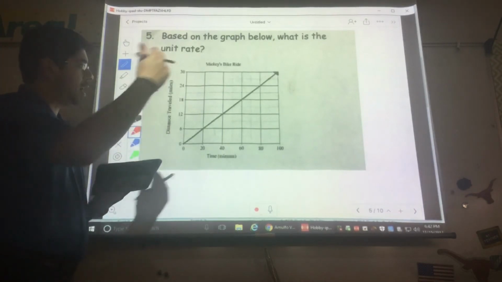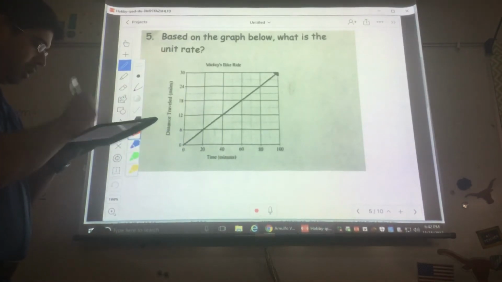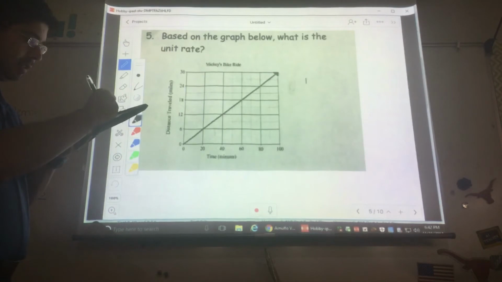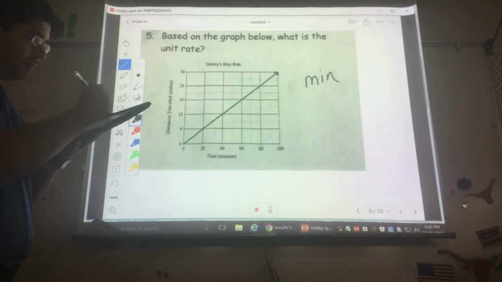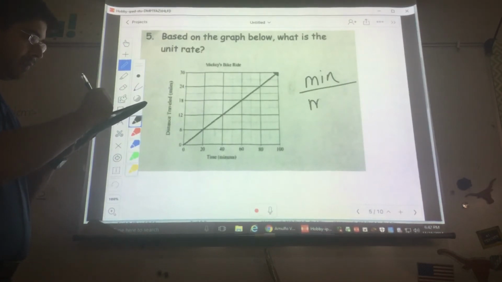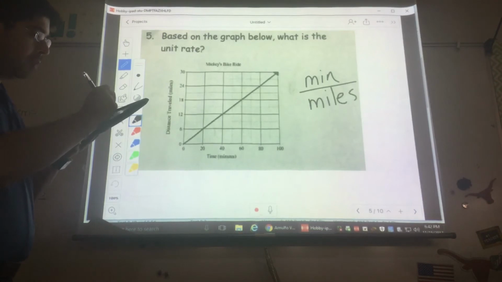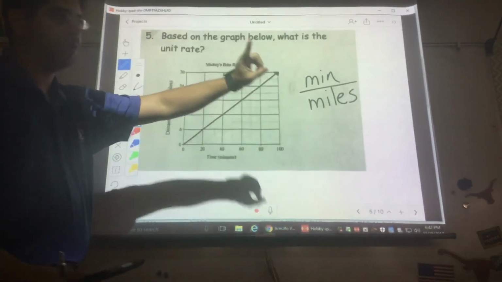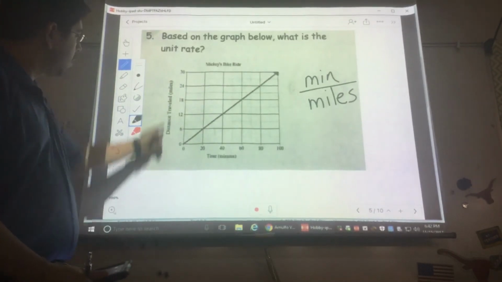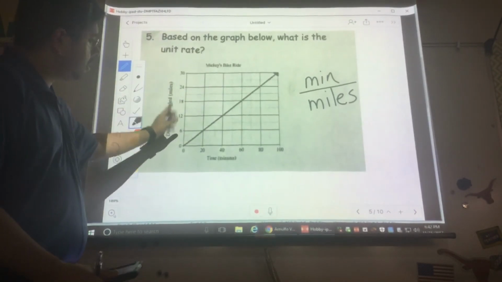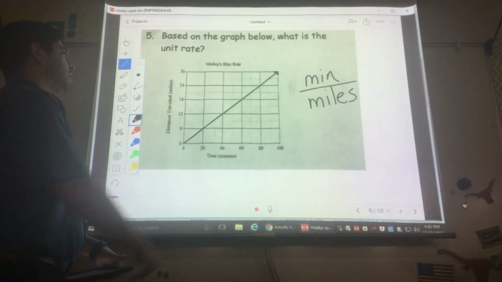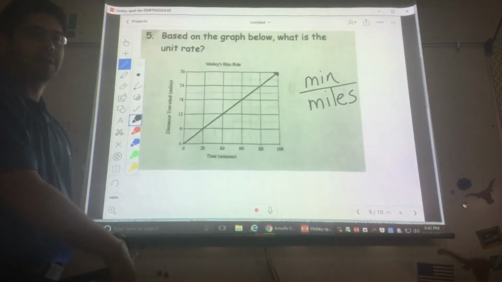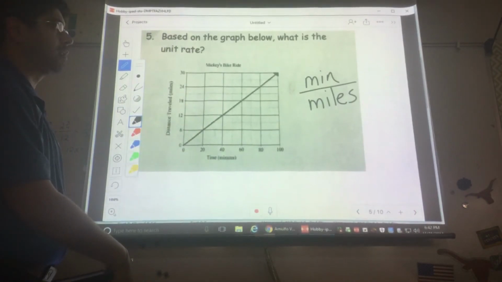That's going to be on top. So like what I'll put here is minutes over miles. Because we want to find out how many minutes it takes to bike ride 1 mile. Even though the miles is here, it just wouldn't make sense that we're trying to find out how many miles in 1 minute. Okay, so we're going to have the minutes over the miles.